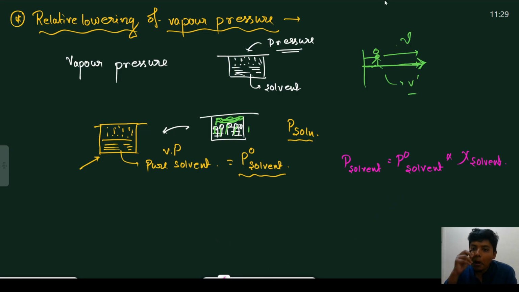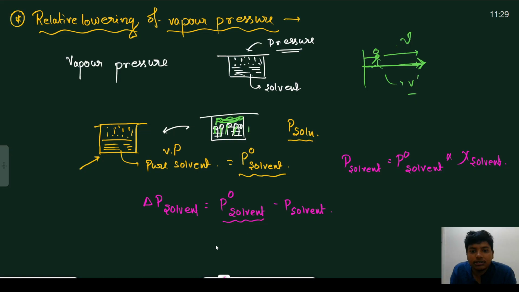Okay. Now tell me how much lower the vapor pressure is. So I can say that delta P of solvent is equal to the initial P naught solvent minus the final pressure of the solvent. Yes or no?